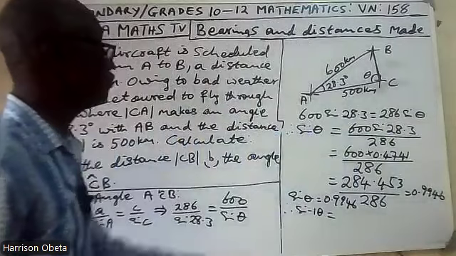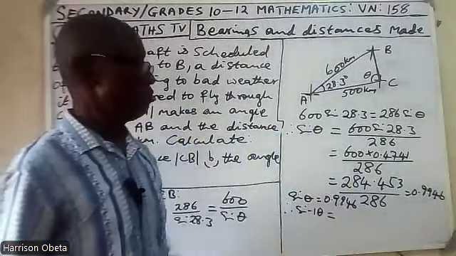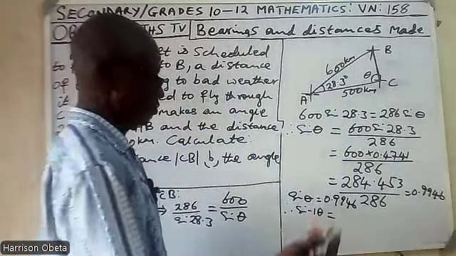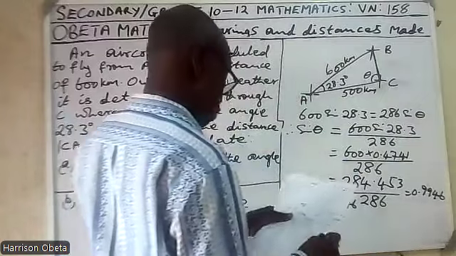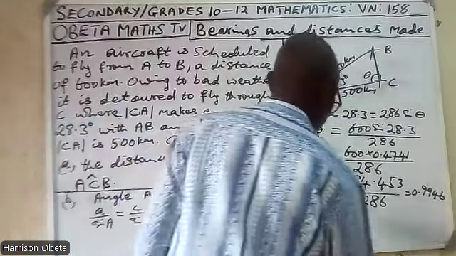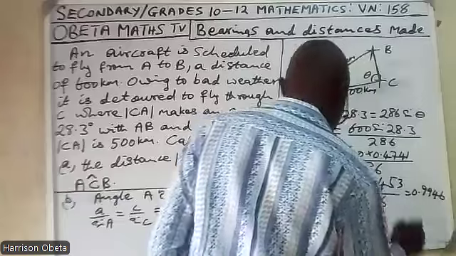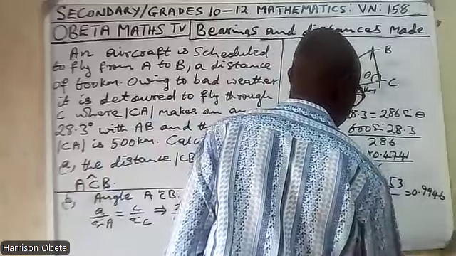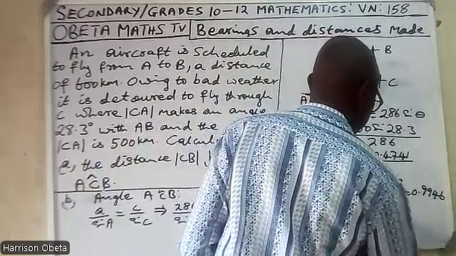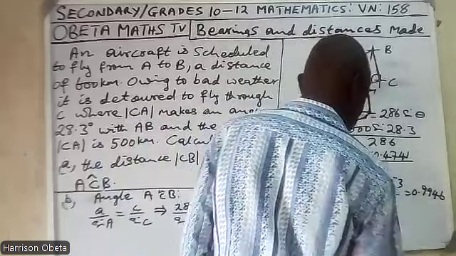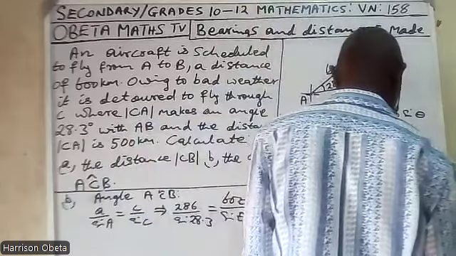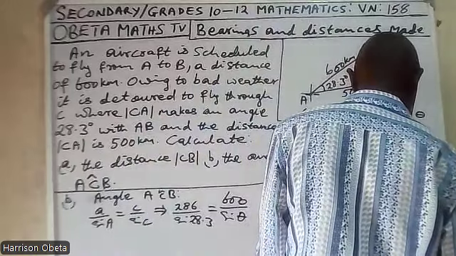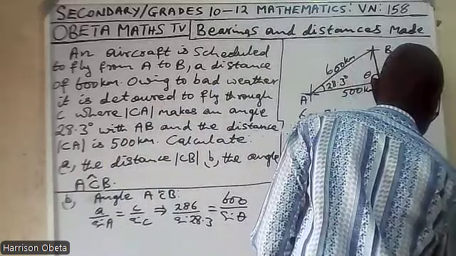You now have to look for this from the table or from calculator, and that will arrive at 84.04 degrees, approximately equal to 84 degrees.